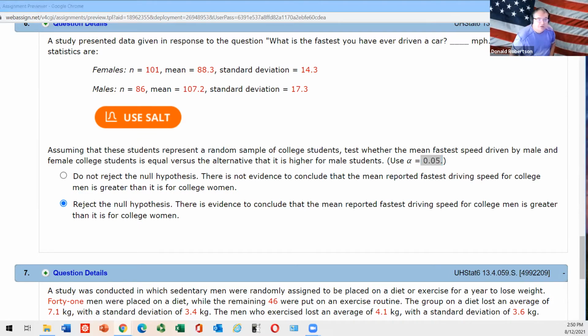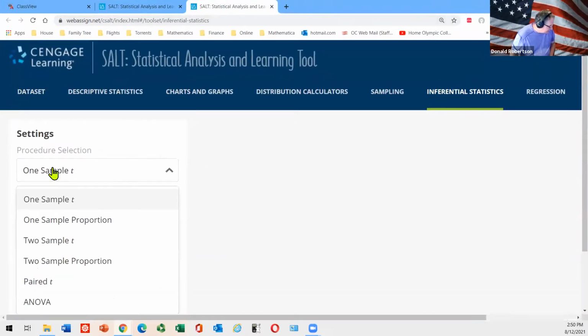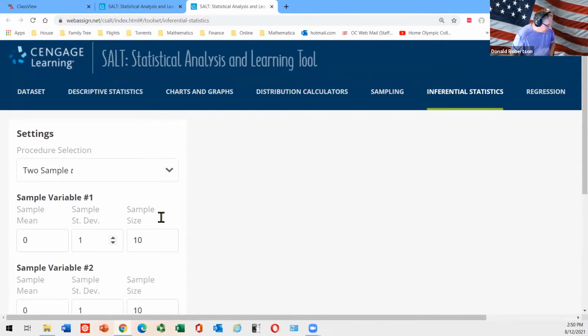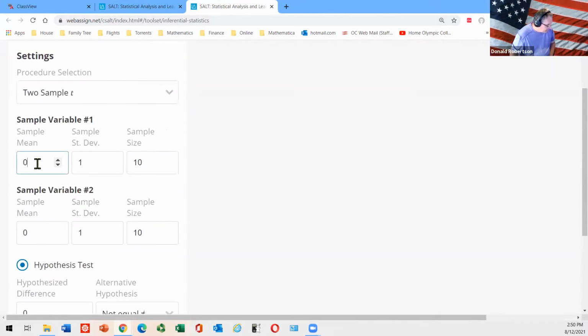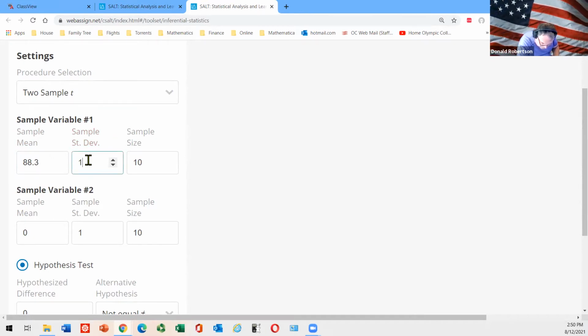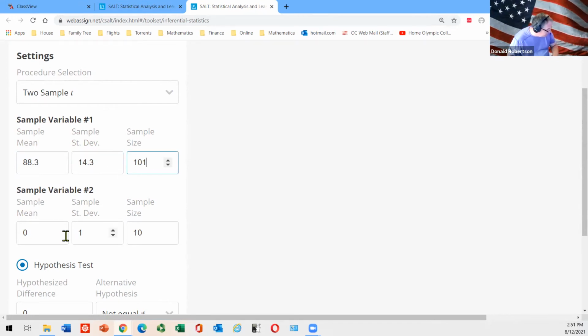I'm going to hit this and bring it over, and it's going to be a 2 sample T. For the women, who go first because we decided it was going to be women first, the sample mean is 88.3, the standard deviation was 14.3, and there were 101 of them in the sample.